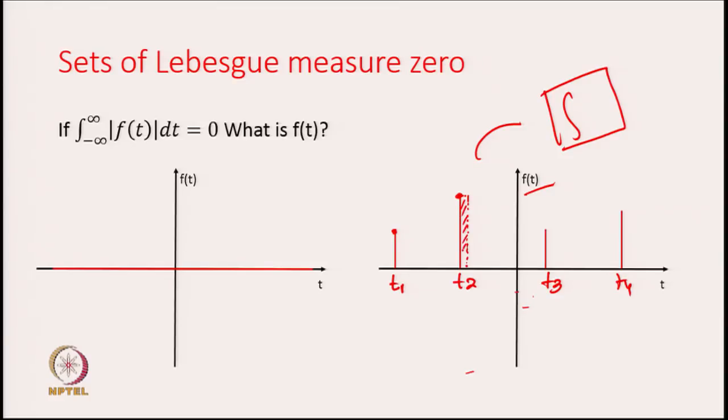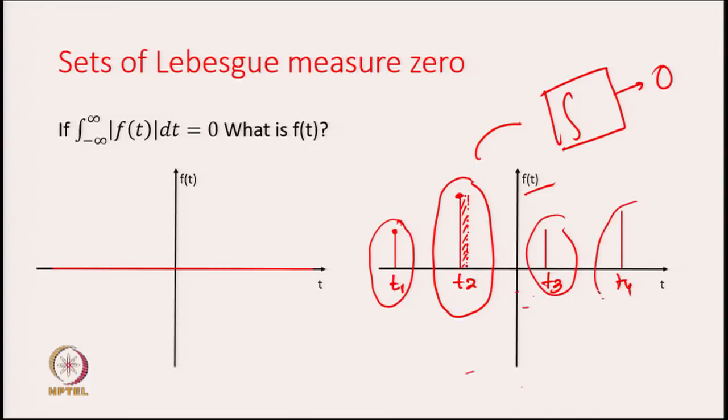Because the function exists only at a single point, there is no width. So, once you pass this through an integrator, you get 0. Similarly, the contribution of these other points will also be 0. So, passing this function through an integrator would give you an all 0 signal. So, this is also a valid solution to this equation.